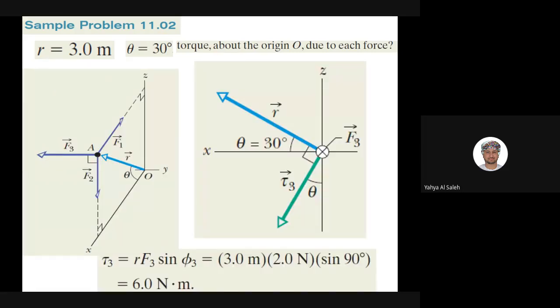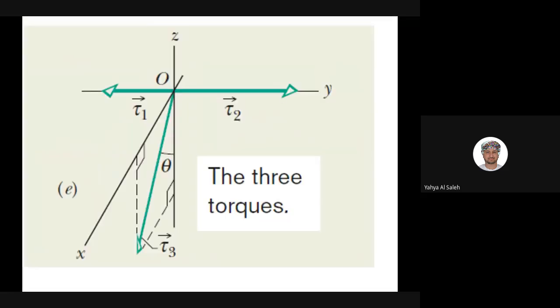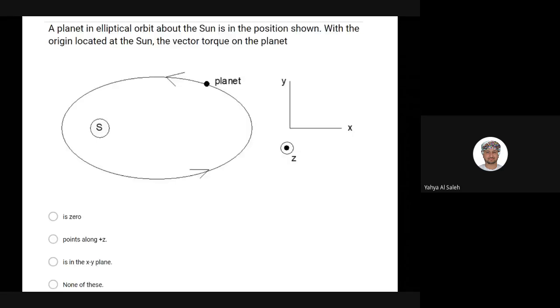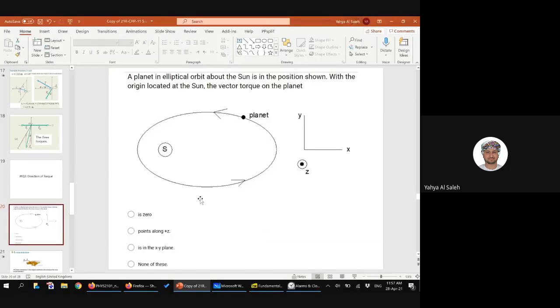Third one, same calculation, but you end up with 6 newtons. And this is a drawing of the 3 torques. Here's a question.